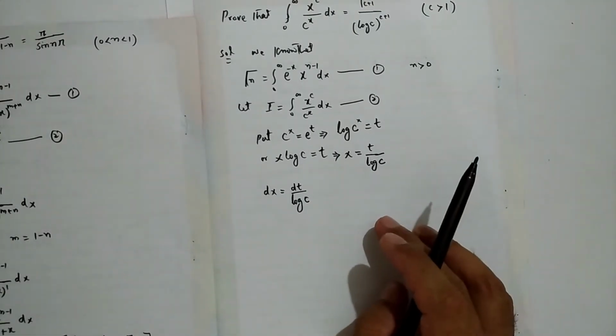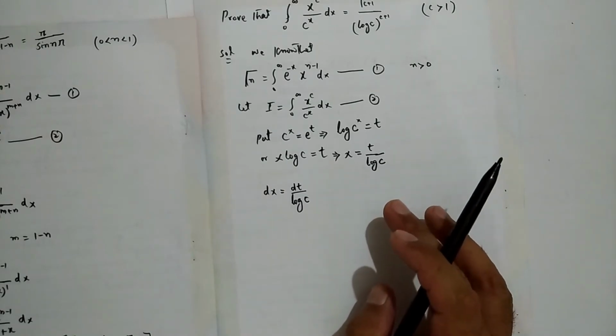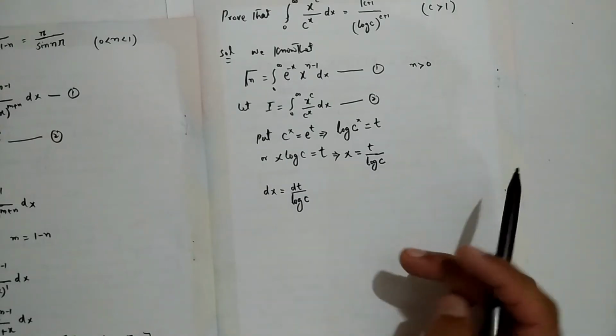So we have made some substitutions, therefore we have to check our limits.